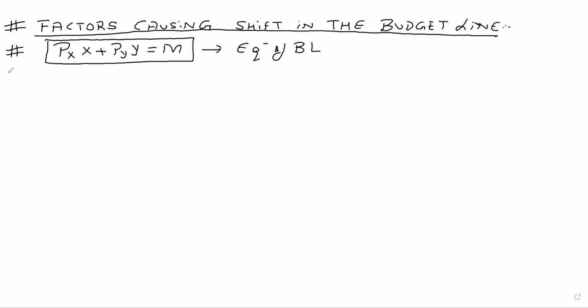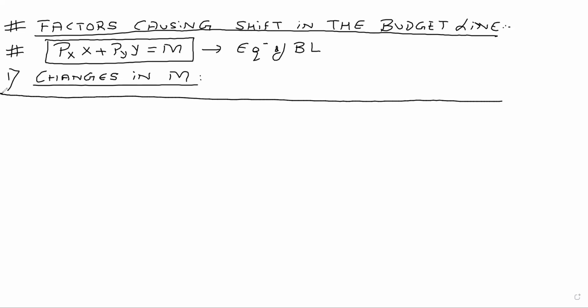So first let's look at changes in income. What will happen to the budget line when income goes up, when income goes down? So let's look at two cases, guys.